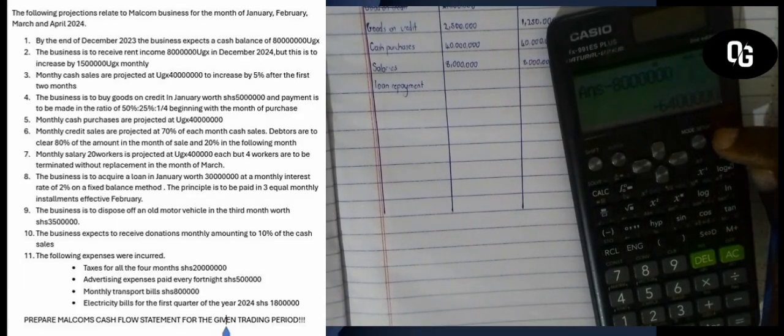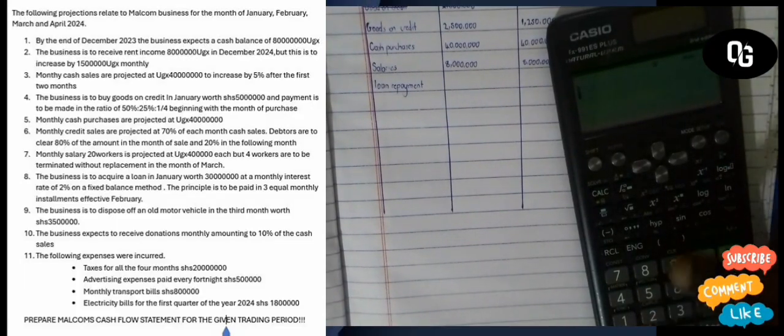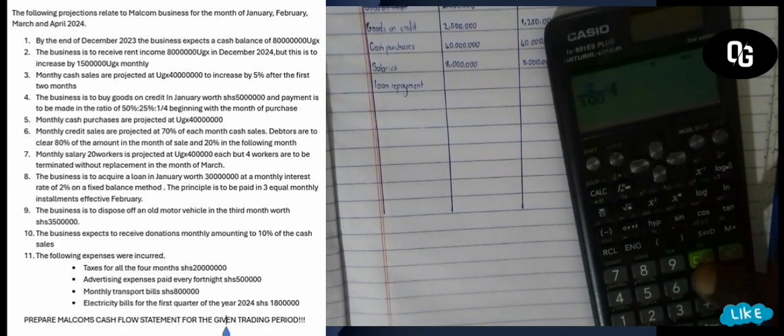So right now I have calculated how much money will be repaid on the loan. So we'll pay an interest of 600,000.